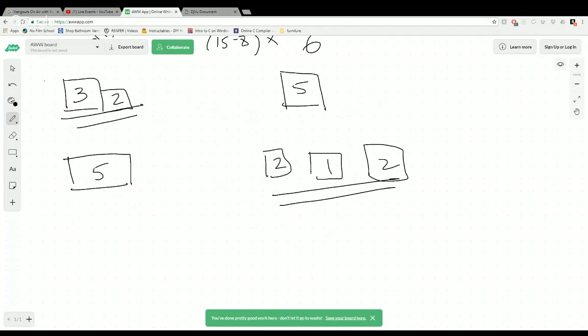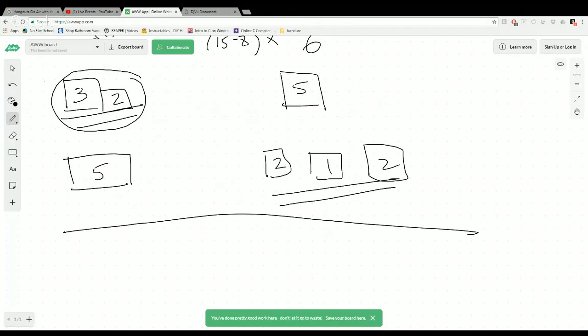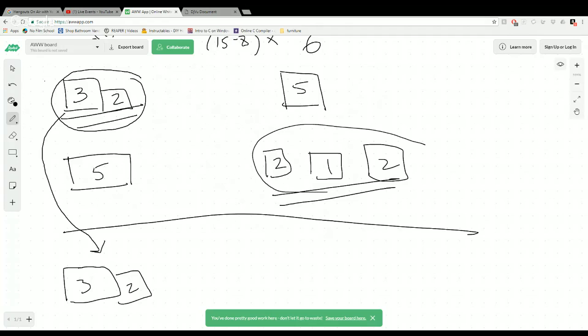Suppose we have a new scale. So here below we'll have our new scale. This first group of weights goes on the left pan of this new scale. So I put 3 and I put 2 here. This second group of weights from the second scale goes on the right side of this new scale. So I have 2, 1, 2.